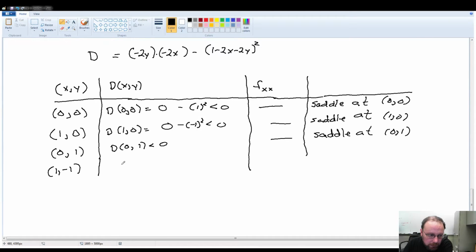All right, and so now the determinant there at 1, negative 1. So let's see, we get the first factor is negative 2. The second one is positive 2, which is fishy that I'm getting all saddle points. I gotta... crap. Not good.